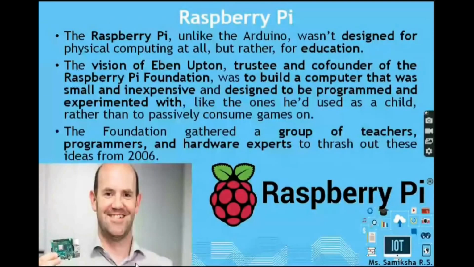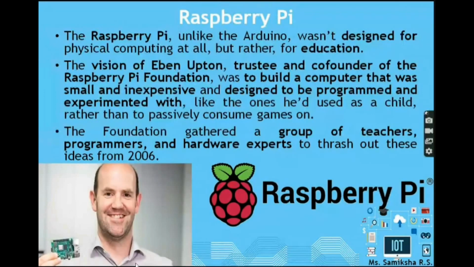He had a vision of building a computer which was very small, inexpensive, and would be such that it could be programmed and experimented, just like if you were or if he was a child, and if he would have this computer system, how would he have programmed and experimented with it?